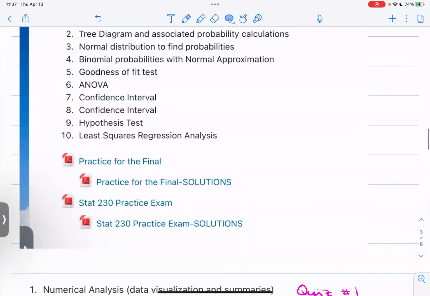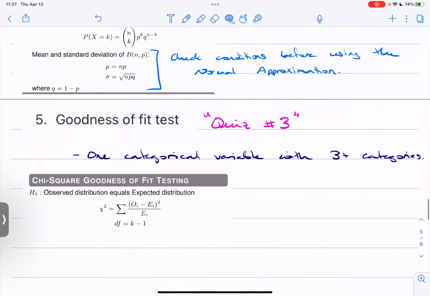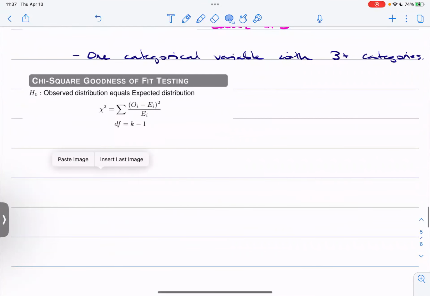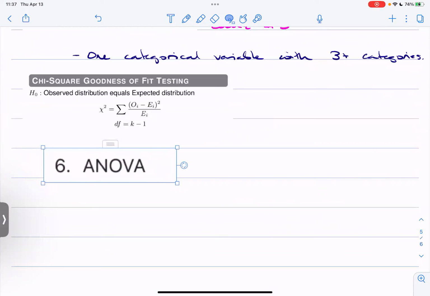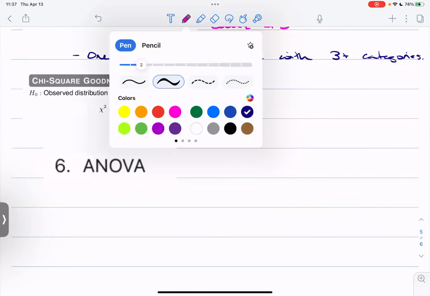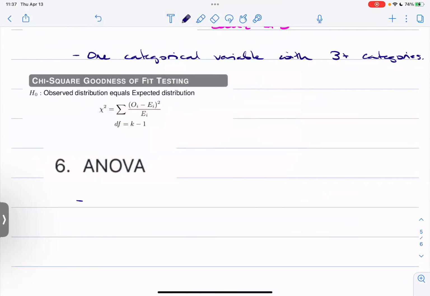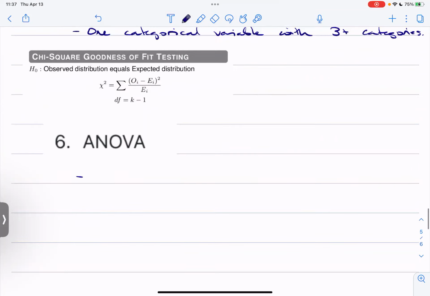Then we have the Anova. The Anova is when, so we only used it for one numerical variable, right, across 3 or more groups.